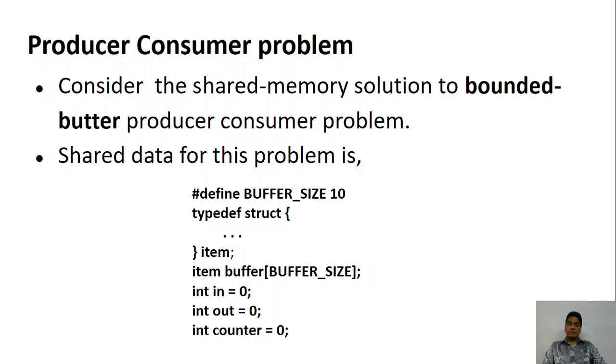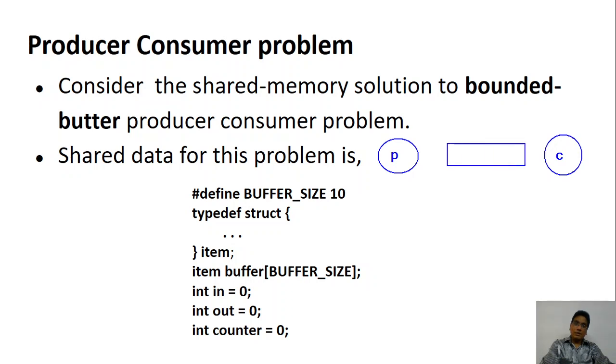Now let's look at the solution for the producer-consumer problem that we studied in the previous session. So what is this problem? We have one process called a producer and another process called a consumer. The producer produces an item, and the consumer consumes the item. The produced items are placed in a bounded buffer.